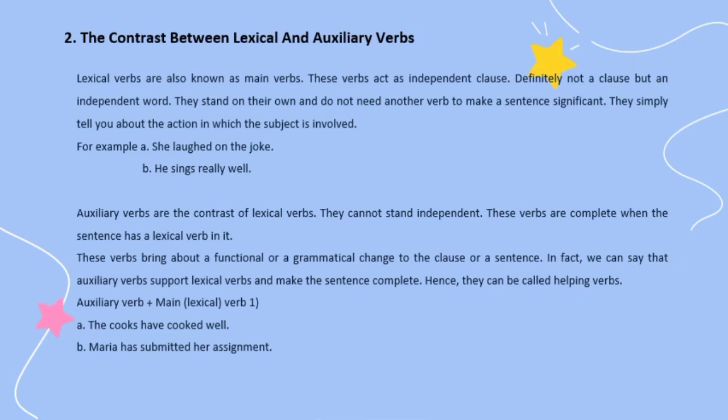Hence, they can be called helping verbs: auxiliary verb plus main, or lexical, verb. The examples: the cooks have cooked well, or Maria has submitted her assignment.